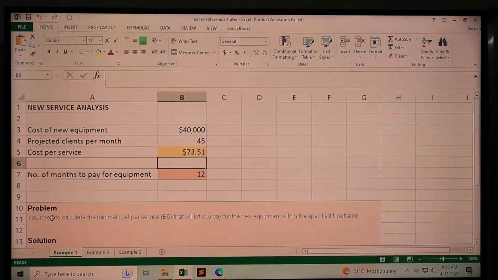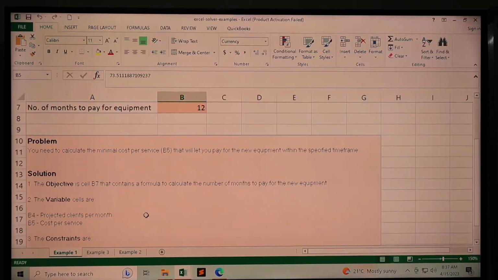So the problem is to calculate the minimum cost per service. In this case, the current cost we had already is $73.5.